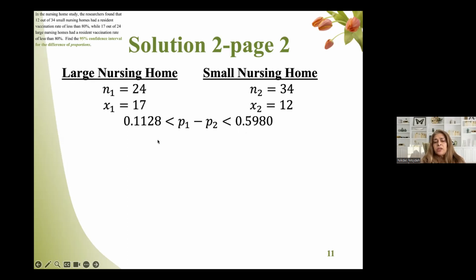On the left side of my inequality I had negative 0.5980, and on the right side negative 0.1128. But when I change my groups, the positions of the numbers switch, and the negatives change to positive. And I like to always change my answer for proportion to percent, only proportion, not mean, not variance.